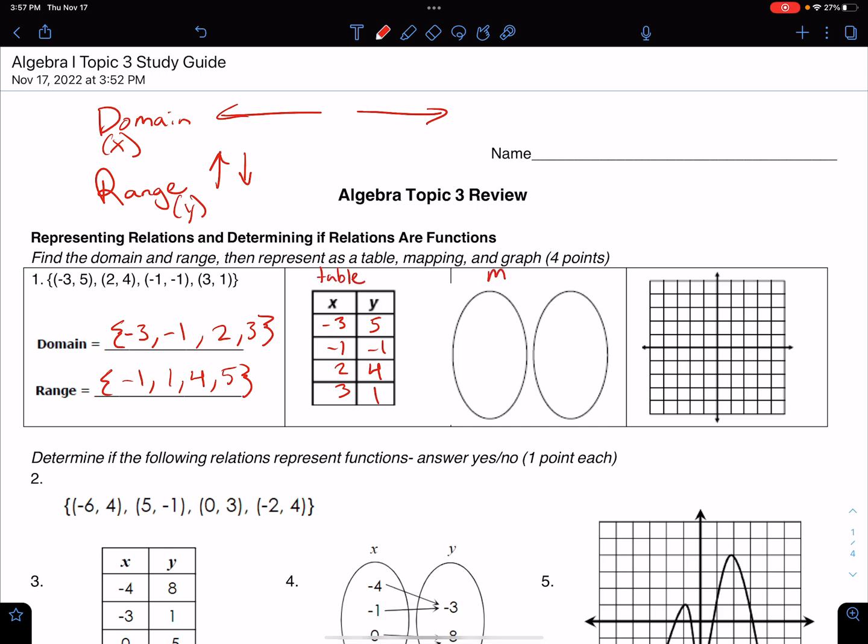I can also represent it in a map. Okay, so I write them least to greatest and then least to greatest. So these are all my x's and these are all my y's. All my x's I have -3, -1, 2, and 3. All my y's I have -1, 1, 4, and 5.